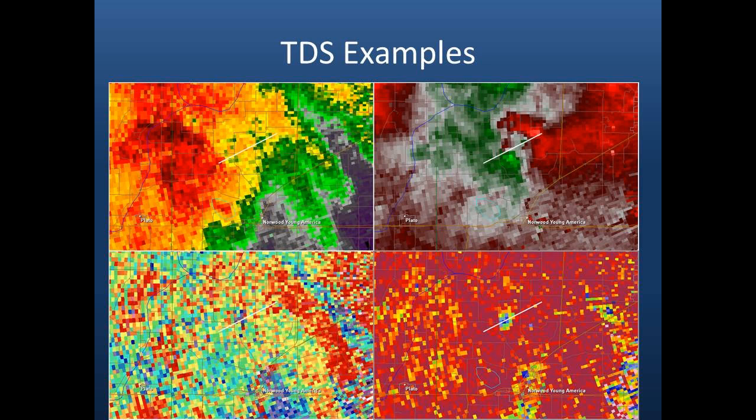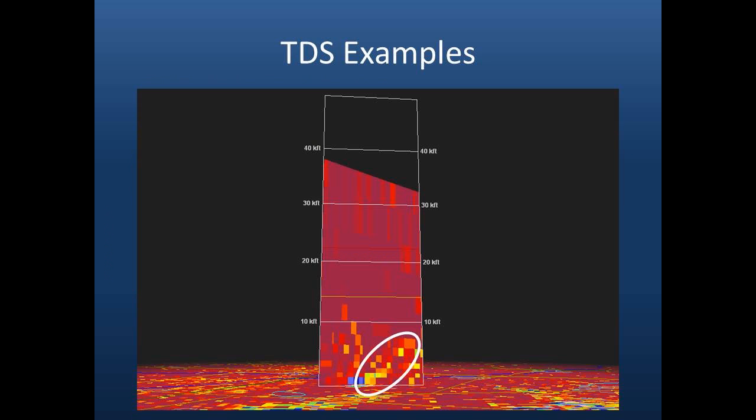So something to definitely keep an eye on. So that's that EF0. With this one, take a cross-section of this minima in correlation coefficient, and you can see vertically how it starts lining up. It's being swept up into the storm and downwind a little bit as it's going through.